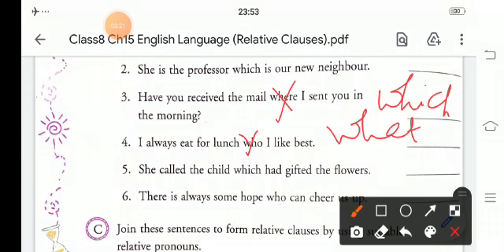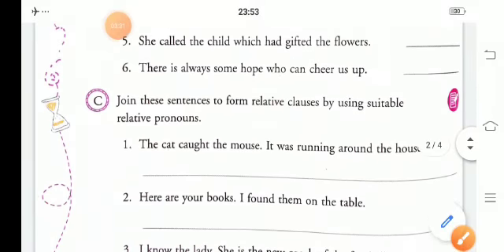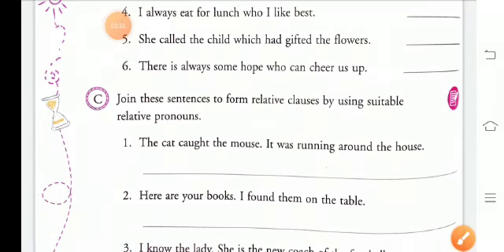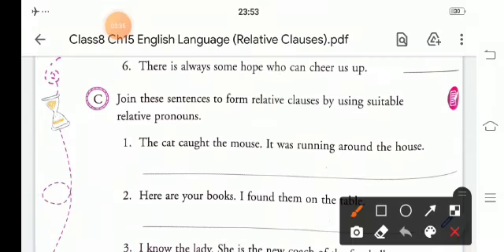She called the child which had gifted the flower. It will be who. She called the child who had gifted the flower. There is always some hope. What can cheer us up? There is always some hope which can cheer us up.